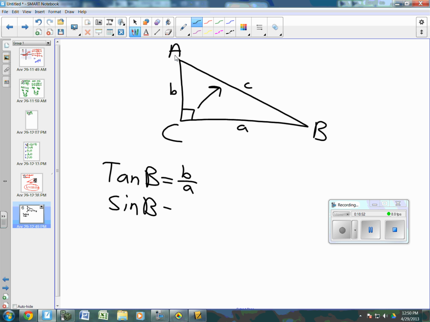Okay, find the sine of B. What's the sine of B? Yeah, opposite over hypotenuse, which is little b over little c. Because the opposite of big B is little b, over c. And the cosine of B, what's that? A over c. Now, I want you guys to find the tangent of angle A. What's the tangent of angle A?